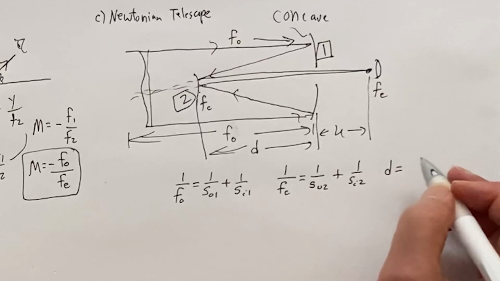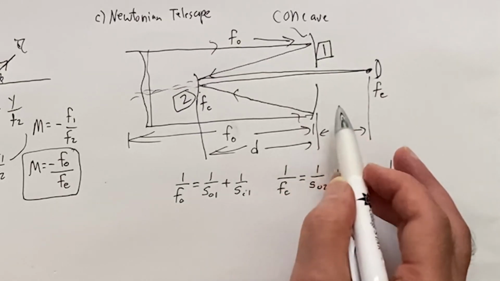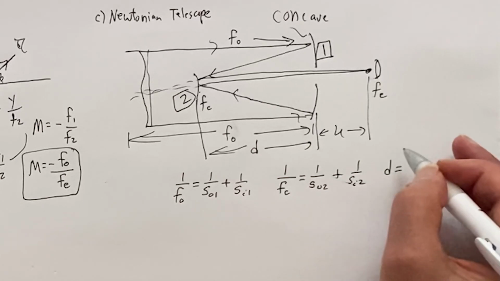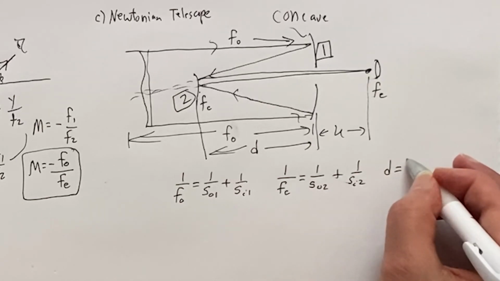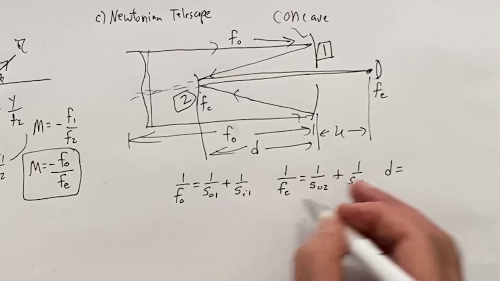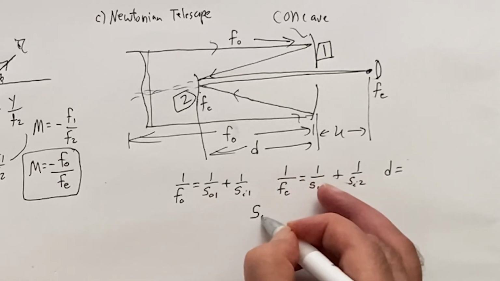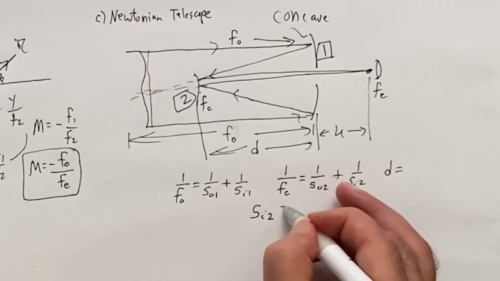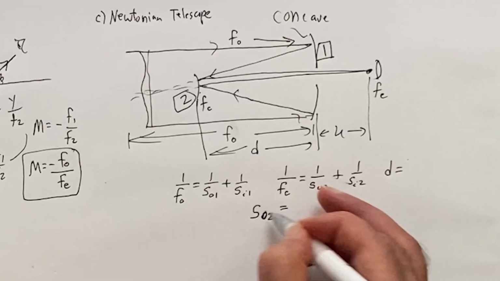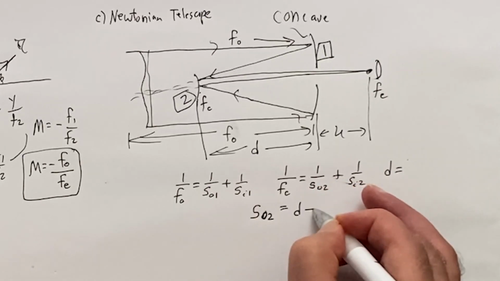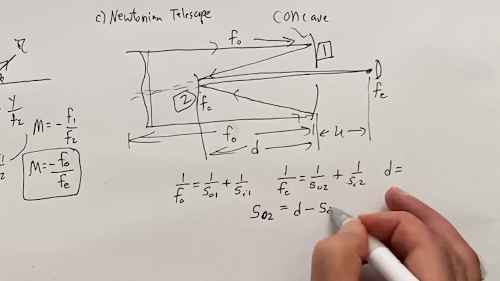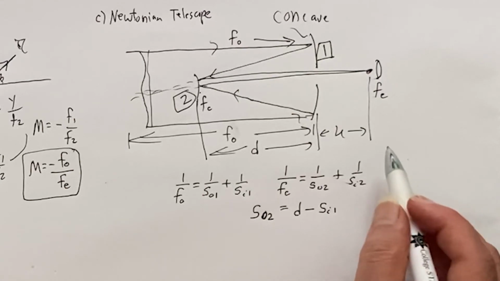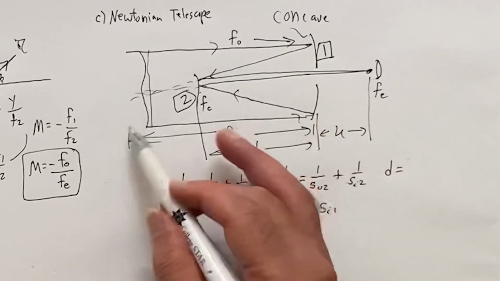formula here, how does the D work? Well, you always use the same kind of idea. The object for the 2 is to take D minus SI1. Now, SI1 may be anywhere, I don't care where it is.